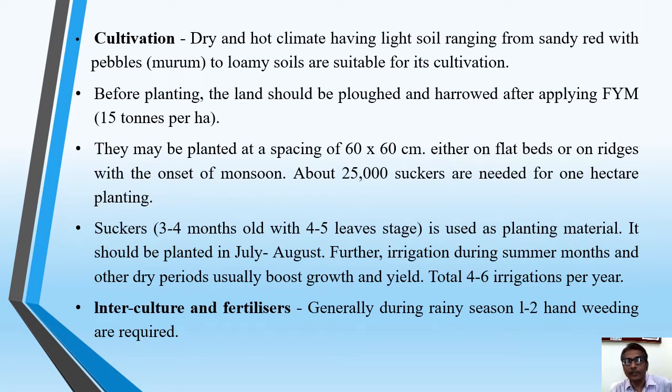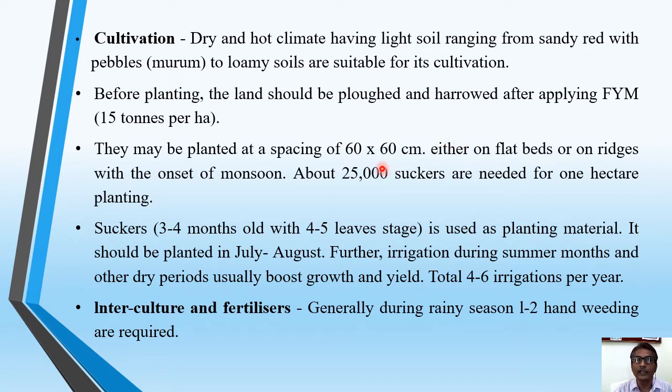About the cultivation practices, dry and hot climatic conditions having light soil ranging from sandy red with pebbles to loamy soils are suitable for its cultivation. It means that we can cultivate this crop in light soil also.